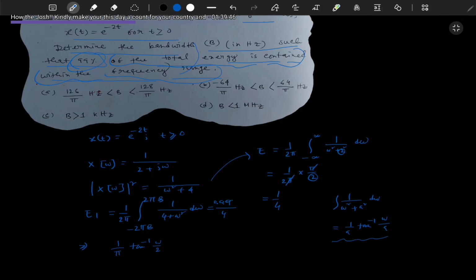Okay, this is the formula. So 1 by 2 tan inverse omega by 2.